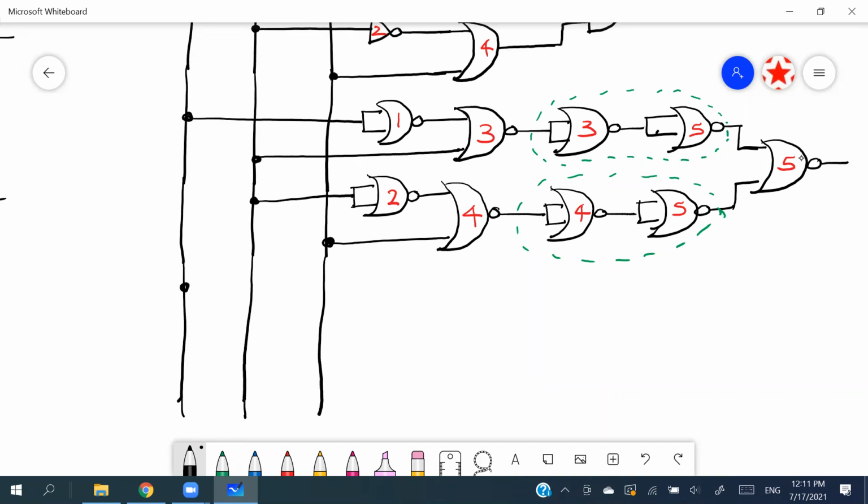Right, so here it goes. This one is there. And this goes.